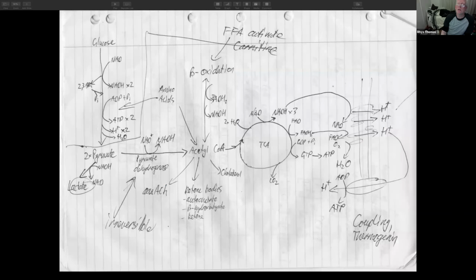And this is probably the final slide. This is my hand-drawn summary of all that metabolic stuff, which I'll cover in a bit more detail in a future tutorial. I keep meaning to make it into a friendlier infographic.